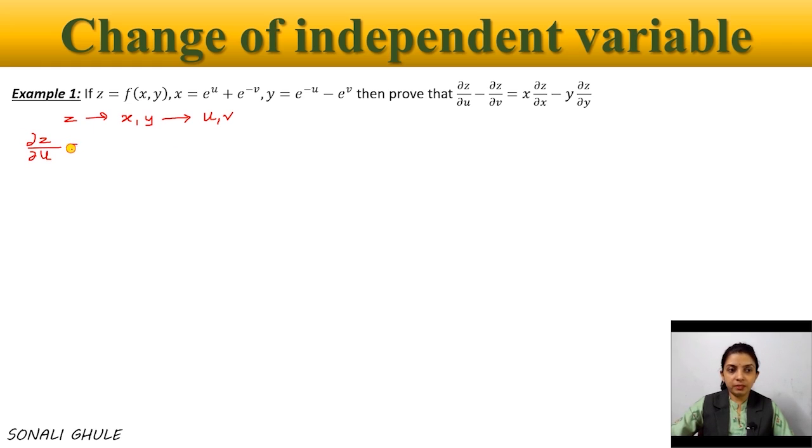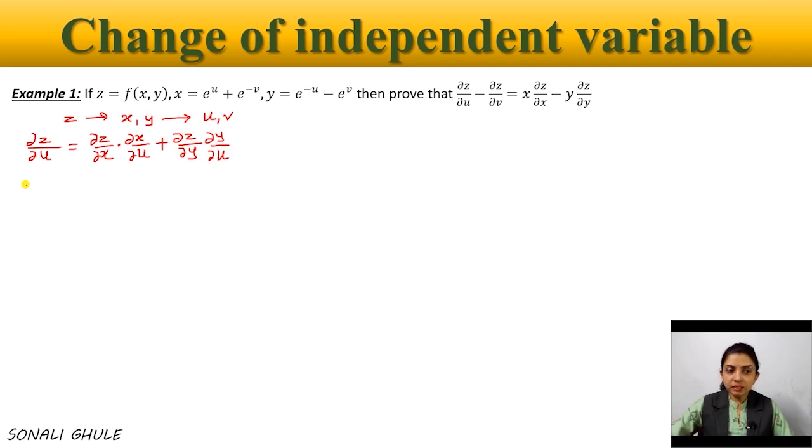First of all we differentiate z with respect to x, then x with respect to u, plus now z with respect to y and y with respect to u. All the derivatives are partial because there is dependency on more than one variable.